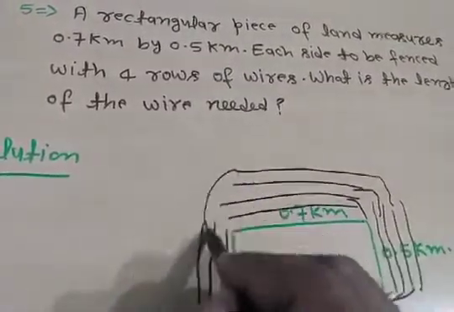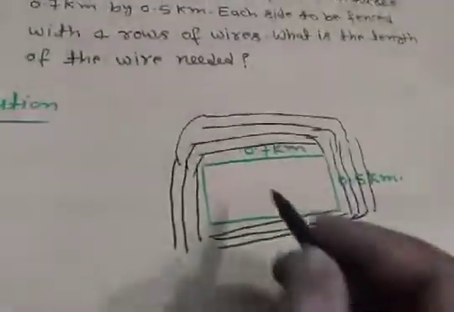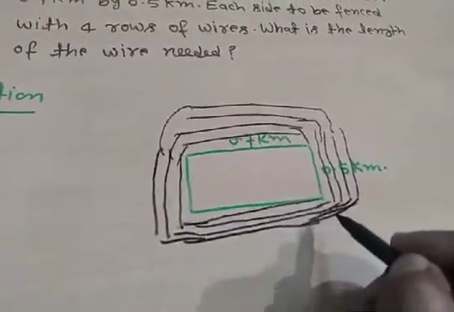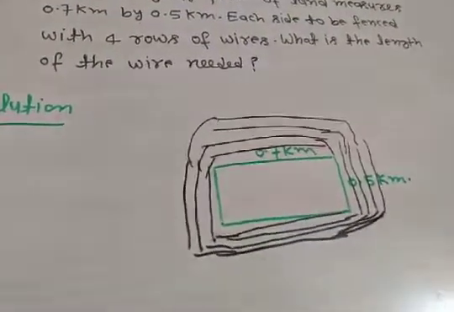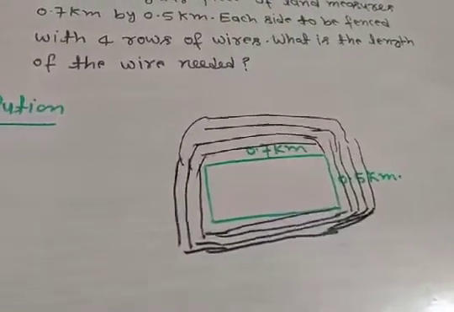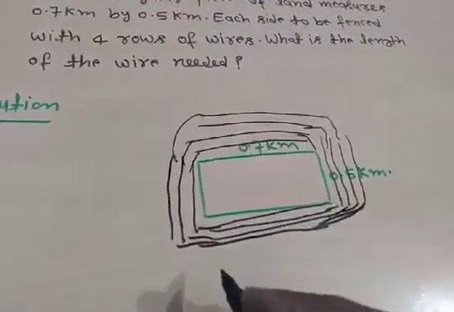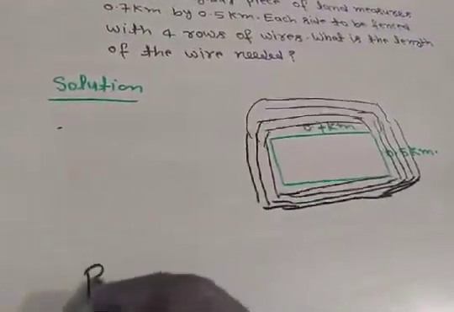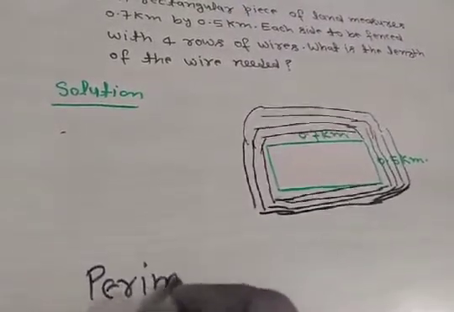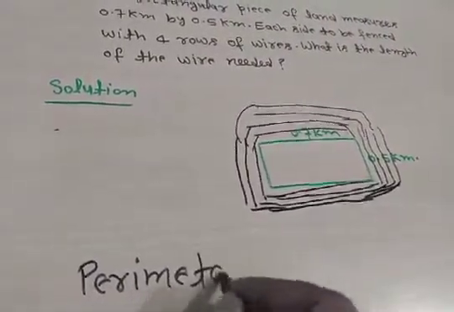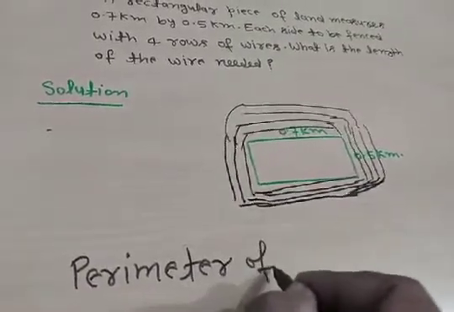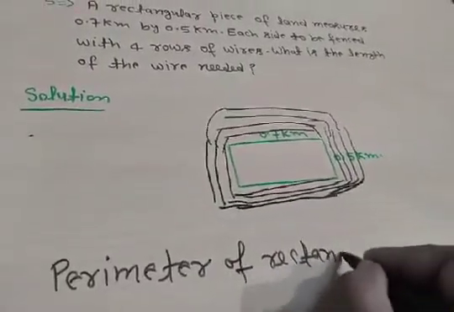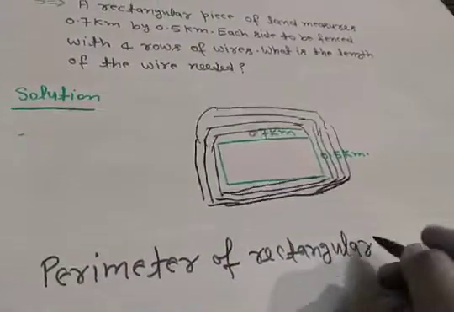Clear? Such types we fence with wire. So first in this question we find the perimeter of the rectangular piece of land.